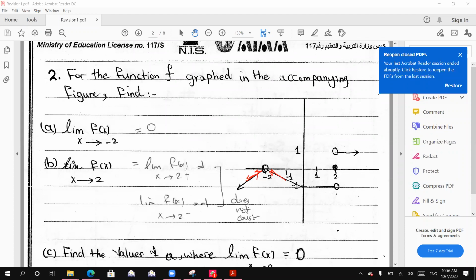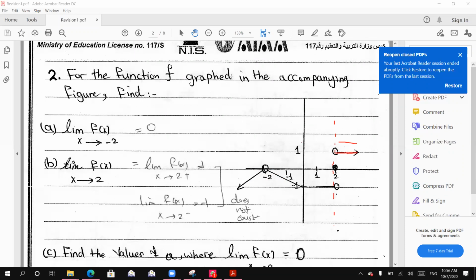Now look at point 2. Look at limit f of x when x approaches 2 from the right now. I will draw my red circle. Now which curve or which point touches my red line from the right?